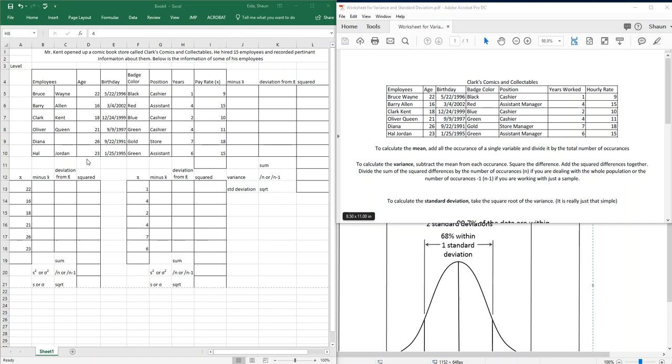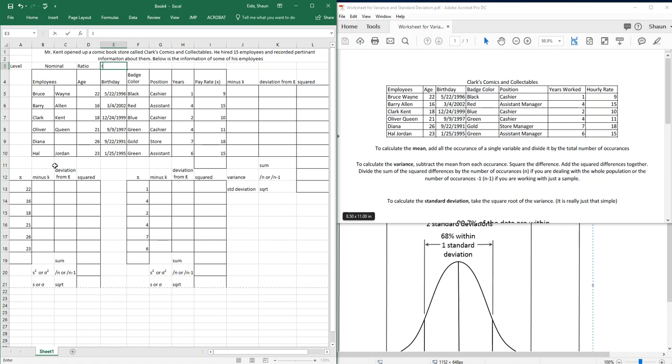You see here on the left-hand side, we have the employees and what level of variable the employees are. And if you said nominal, you would be correct. And we have the age of the employees. What would that be? If you said ratio, that would be correct. Birthday, what would that be?